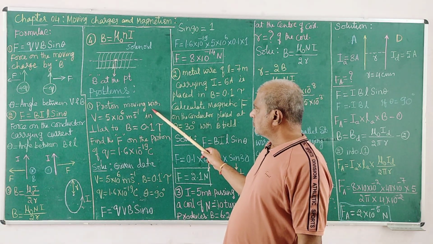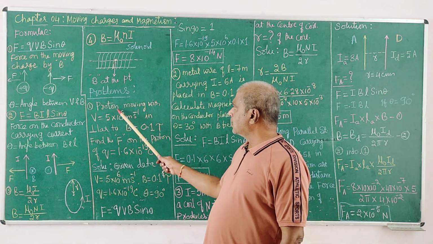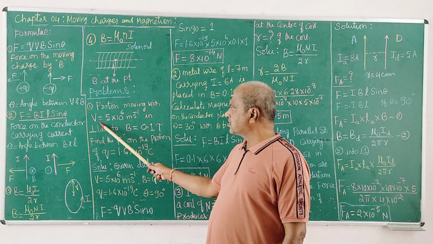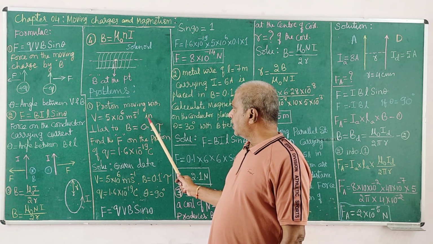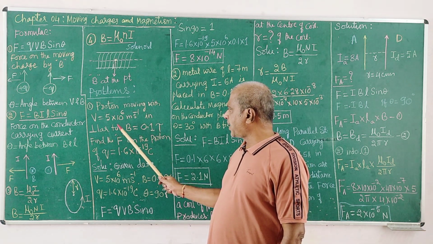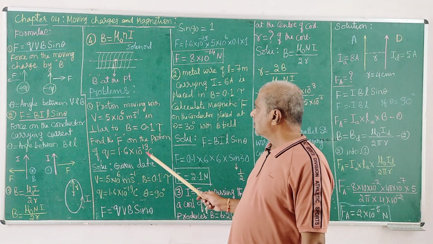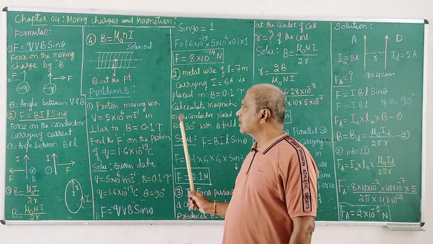First problem: a proton is moving with velocity v, in meters per second. It is moving in a direction perpendicular to the magnetic field. The magnetic field applied is 0.1 Tesla.